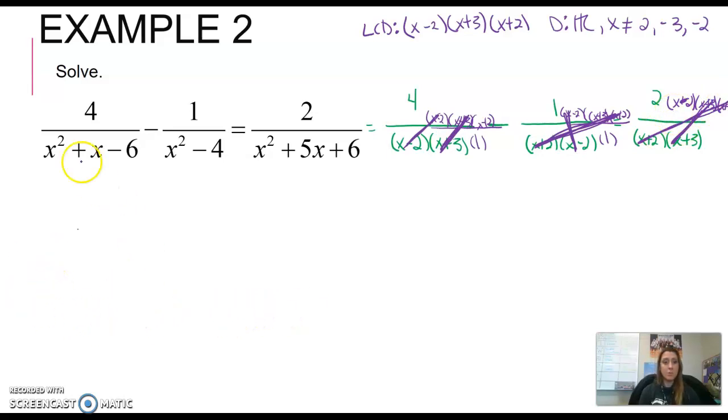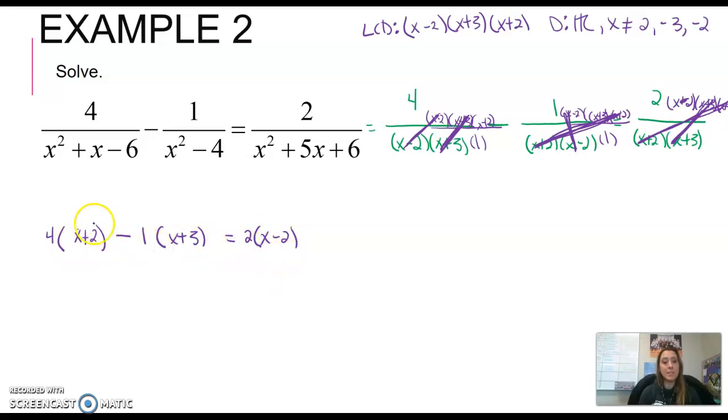So then I'm left with 4 times x plus 2, and then minus 1 times x plus 3, and that is all going to be equal to 2 times x minus 2.